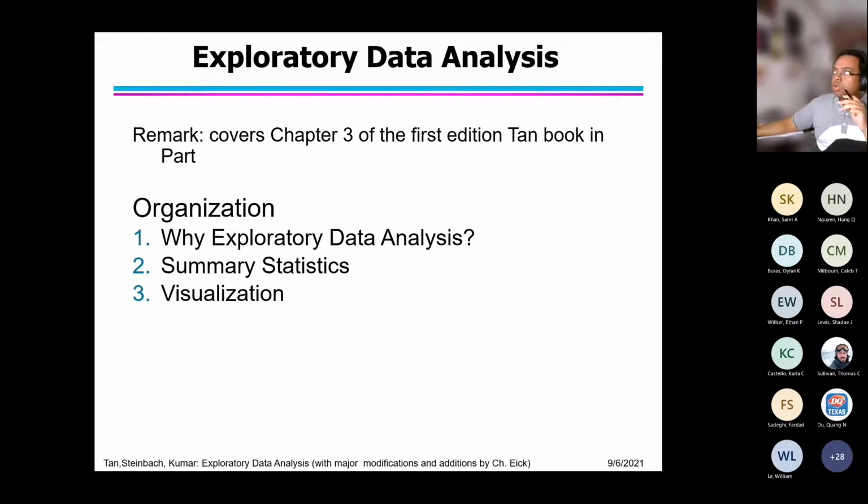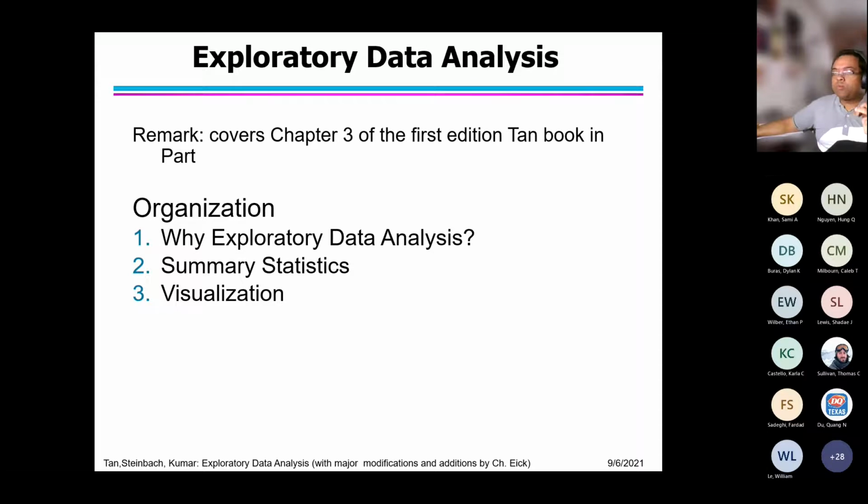Basically, exploratory data analysis means getting to know the data, right? Before you begin diving into the depths of the data itself, you need to figure out what's going on in the data, what it is trying to say.